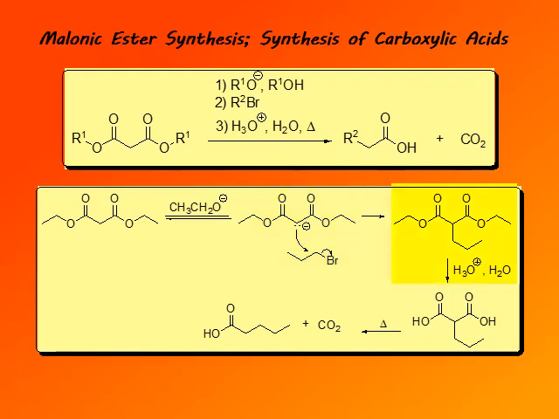So alkylation of the methylene carbon occurs, and a new carbon-carbon bond is formed. Then under acidic conditions with acid catalyst, the diester is hydrolyzed to the corresponding diacid, malonic diacid, and upon heating, a molecule of carbon dioxide is lost, as we have seen in the previous mechanism, to give the alkylated acid. And so in this case, from malonic acid, we have made pentanoic acid.